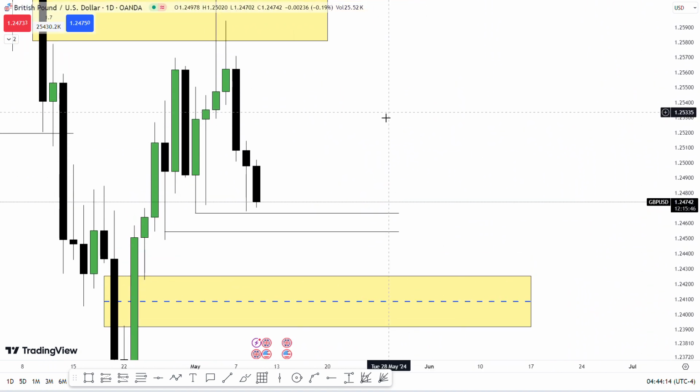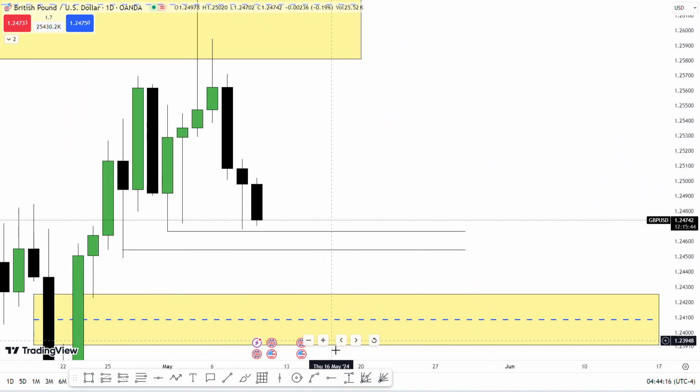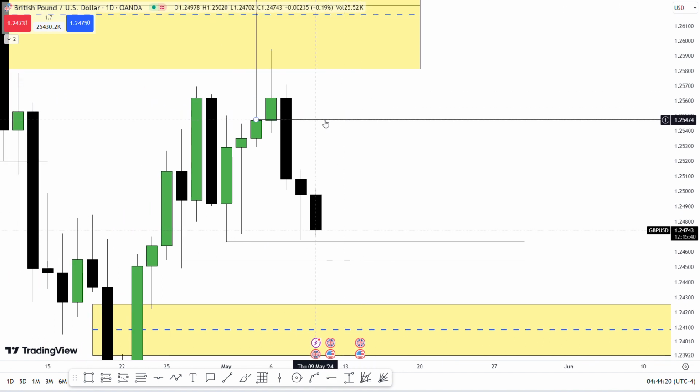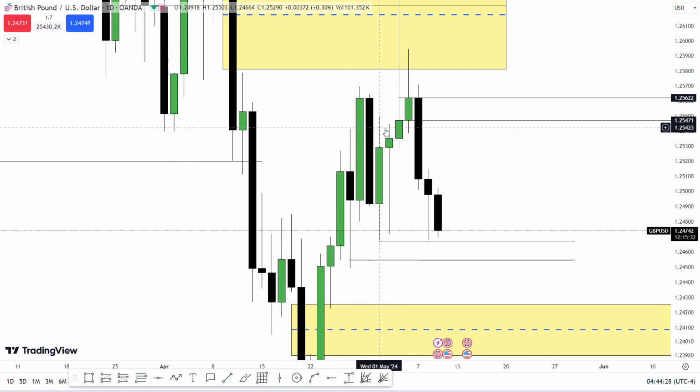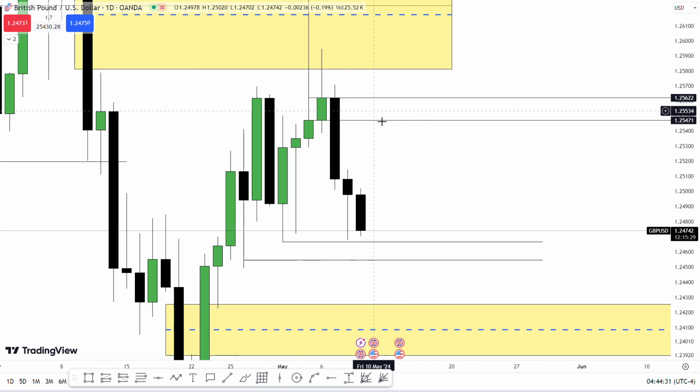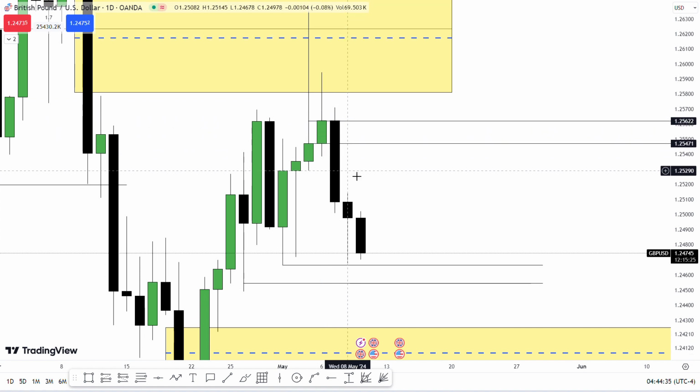The next level I am going to watch for the coming days is this order block over here, this daily order block, and this daily rejection block, which is here. These two levels are in a similar direction, which means they are close by.